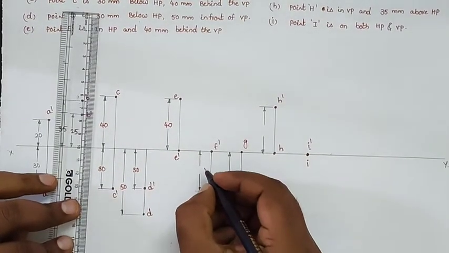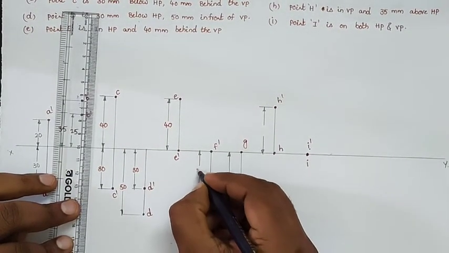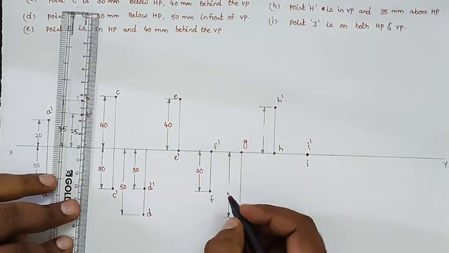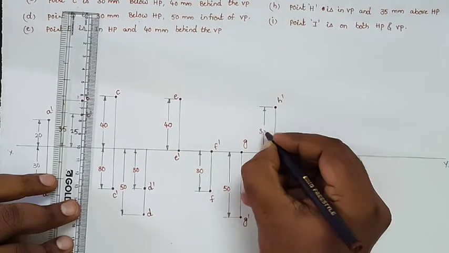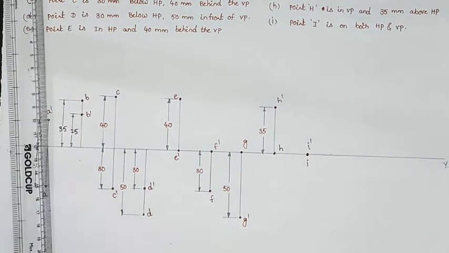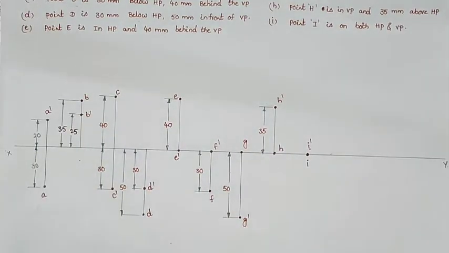So F dimension 30 mm in front of the VP, G dimension 50 mm below the HP, and here 35 mm above the HP. So like that we will solve the problem.